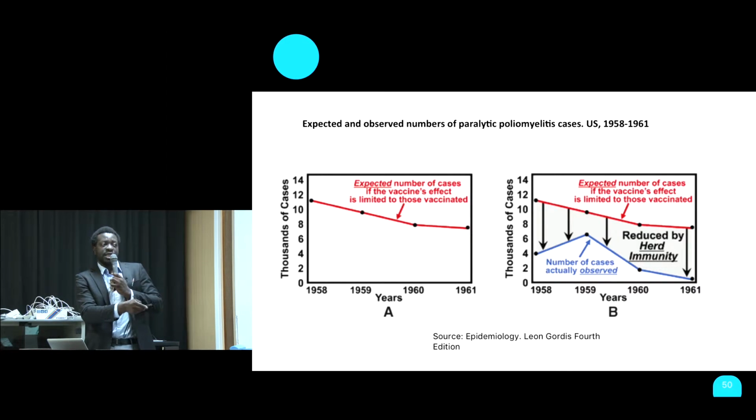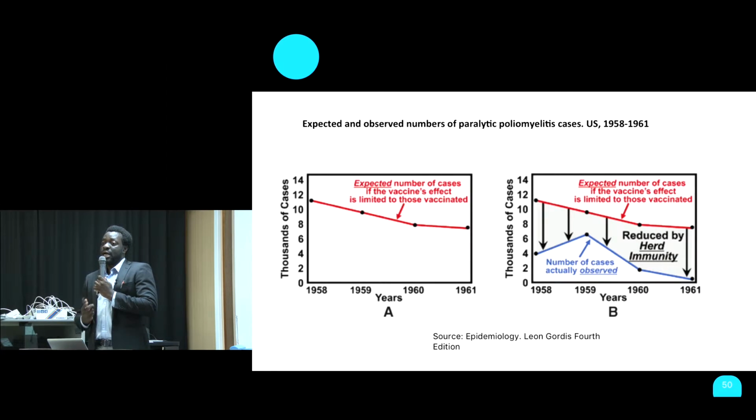We will have this number of reported cases. But in reality, the number of reported cases was much lower here. So this means that some of the people in the community who didn't receive the vaccines were nevertheless protected by herd immunity. So herd immunity is a very, very important concept, and it is used in immunization and vaccination programs.